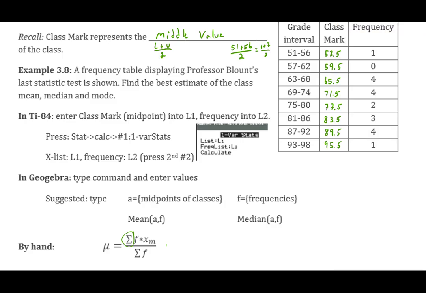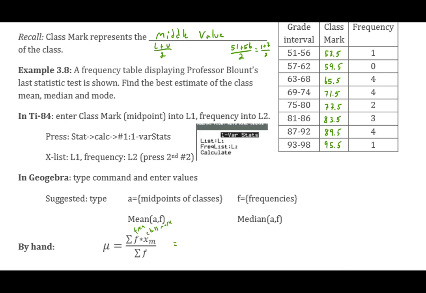To do that, we take the class mark, the value that best approximates the class value, and multiply it by the number of times it occurs, the frequency times the class mark.